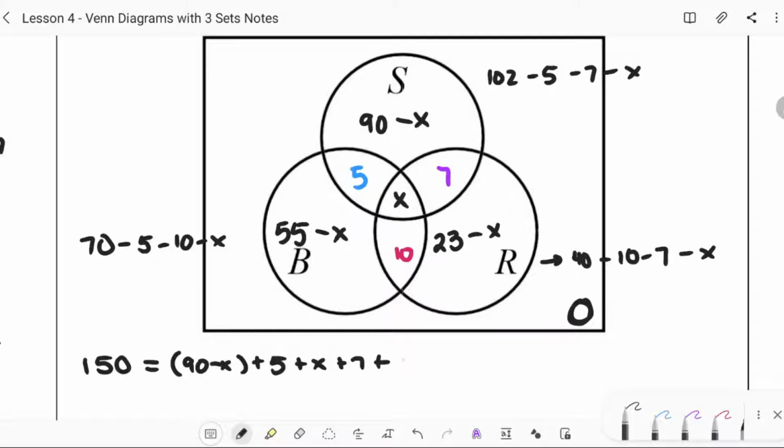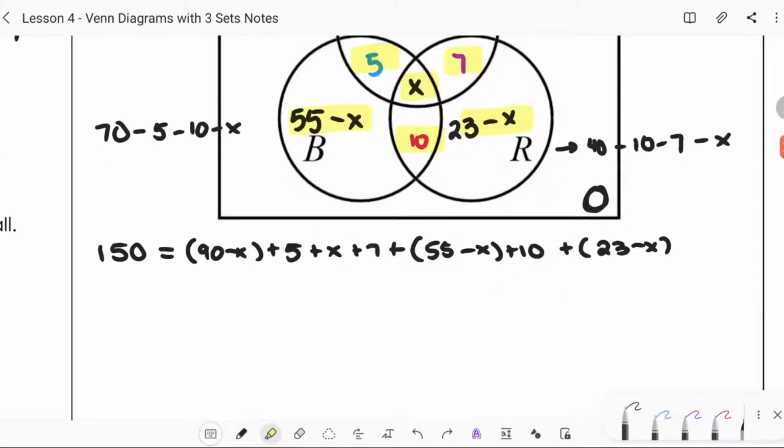And then everything in Black Mirror, the 55 minus x, and the 10. And the 5 and the x, but I've already included those. And everything that's left over in R, which is just the 23 minus x. Right, the sum of all of these things, 1, 2, 3, 4, 5, 6, 7, double check, 1, 2, 3, 4, 5, 6, 7, all of those areas combined has to total to 150 students.